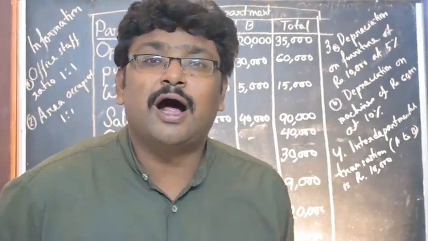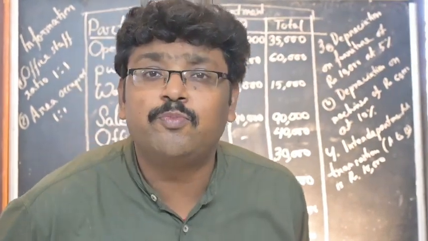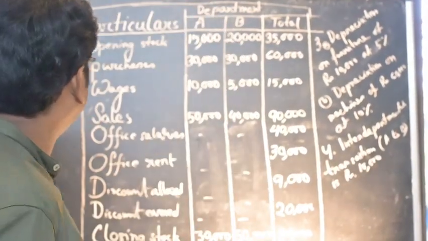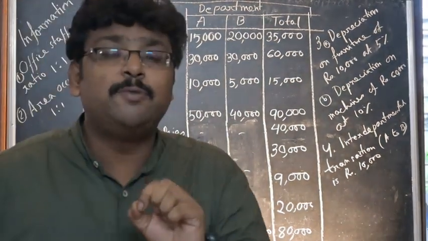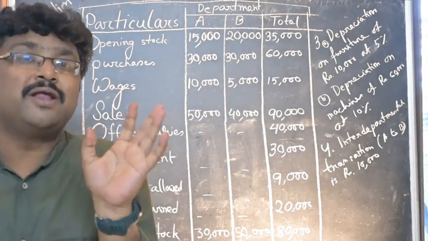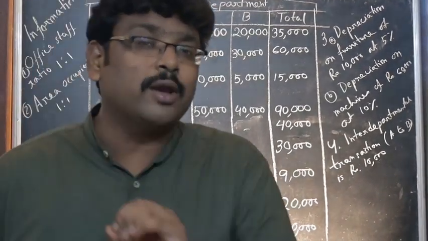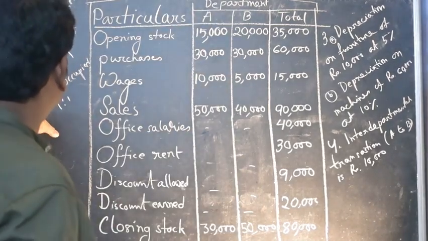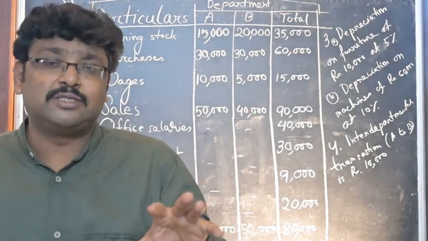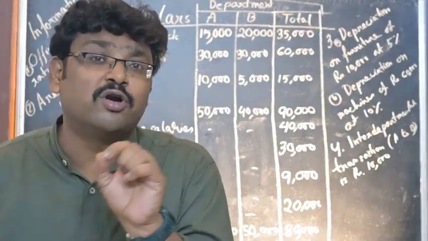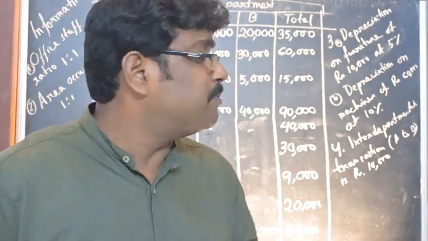There is other information in this problem: the office staff ratio is 1:1, which means for department A and department B the ratio is 1:1, and the area occupied by the two departments is also 1:1 for department A and department B respectively.